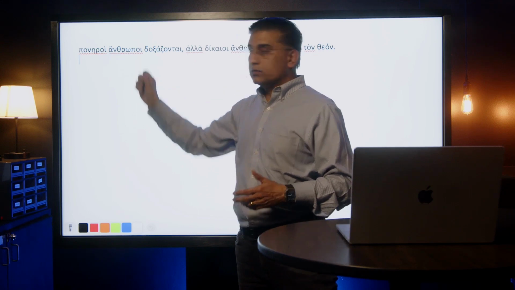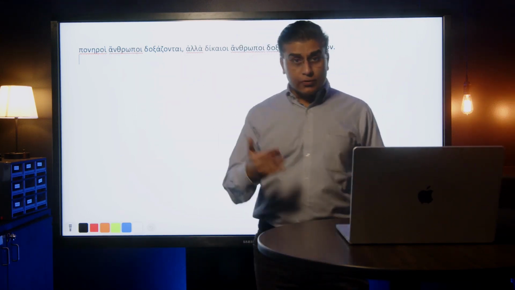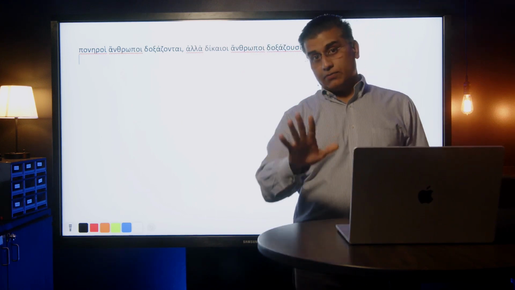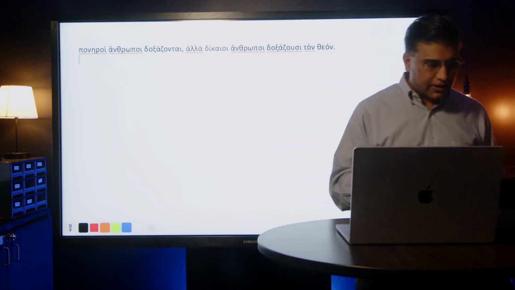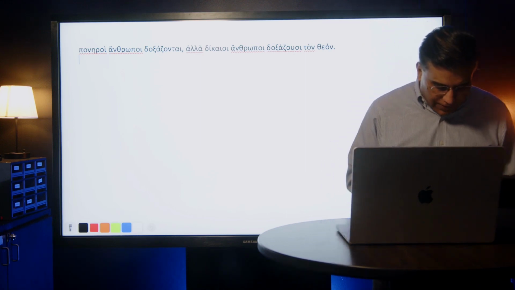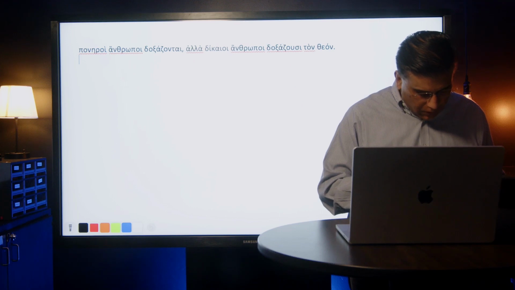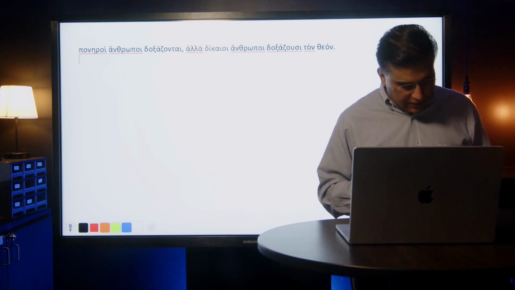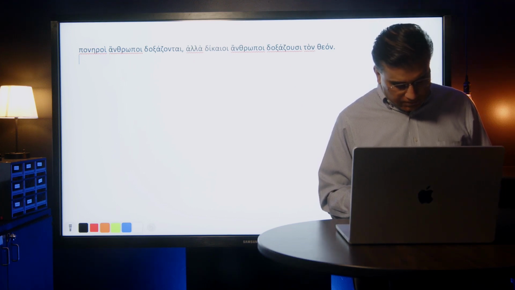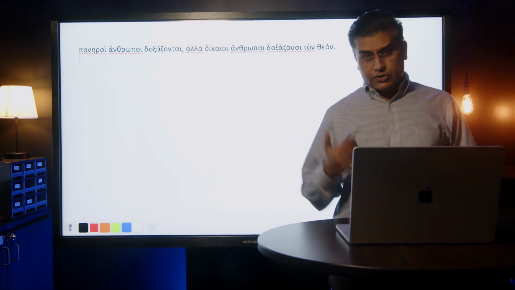Poneros is evil, anthropos, you should know by now, man. Both of them are in the plural, evil men, not evil man. Okay, so we got that first thing taken care of. Doxazontai. Okay, let's find that in here. I think it should be part of your vocabulary for this week. But doxazo is glorify.